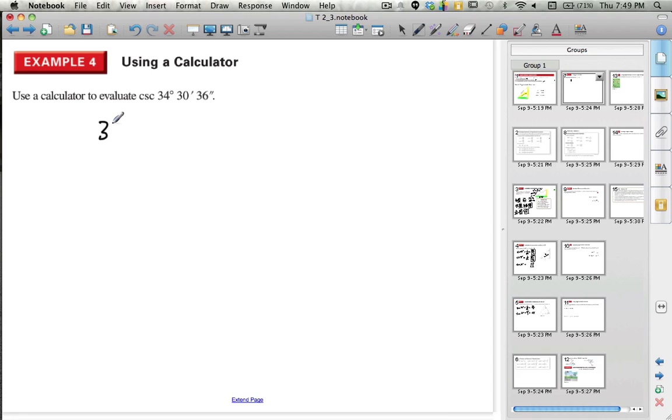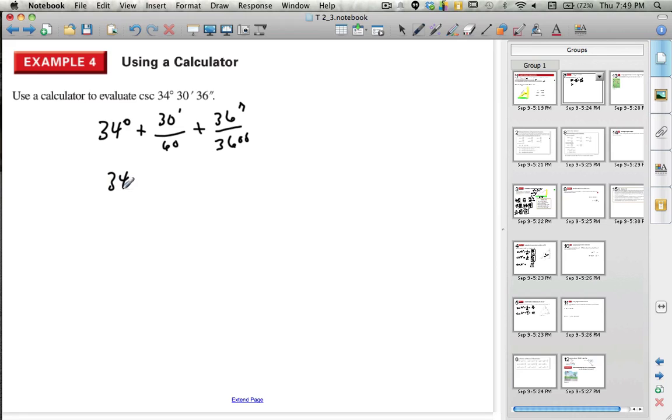So this is going to be 34 degrees plus 30 minutes over 60 minutes per degree plus 36 seconds over 3,600 seconds in a degree.